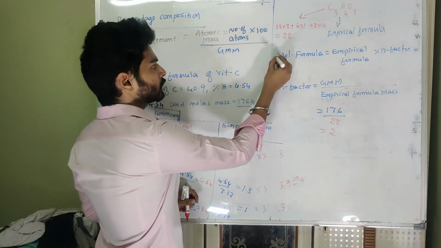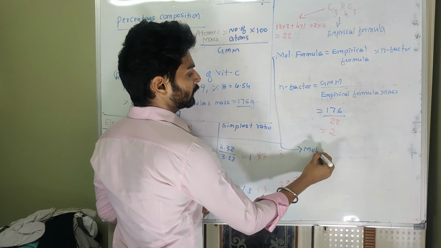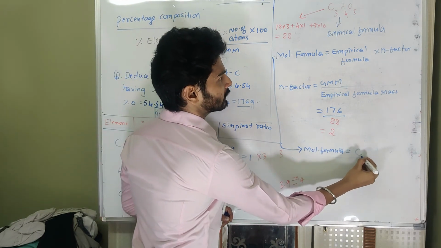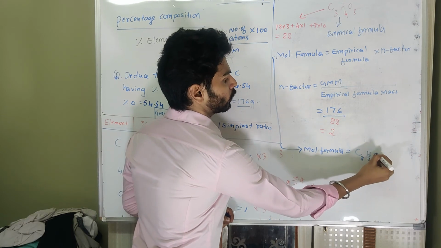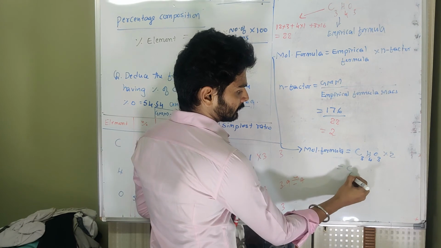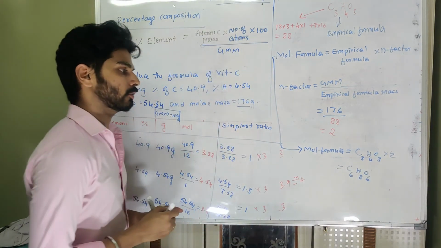Now if I use this formula, the molecular formula will be, the empirical formula is C3H4O3, and I am going to multiply with 2, then that is C6H8O6. This becomes the molecular formula.